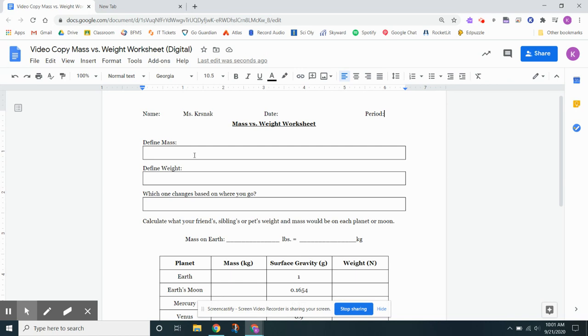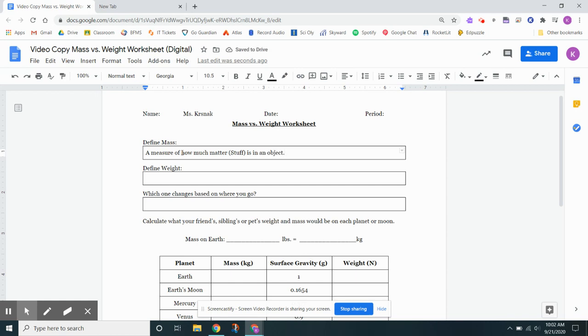And then it asks us to define mass, define weight, and talk about which one changes based on where you go. So let's do mass first. We talked about mass a bunch in our last lesson, and we said that mass is a measure of how much matter or stuff is in an object.